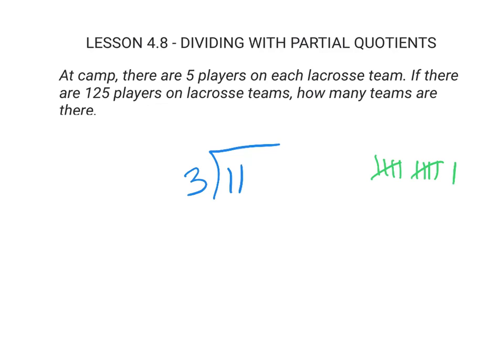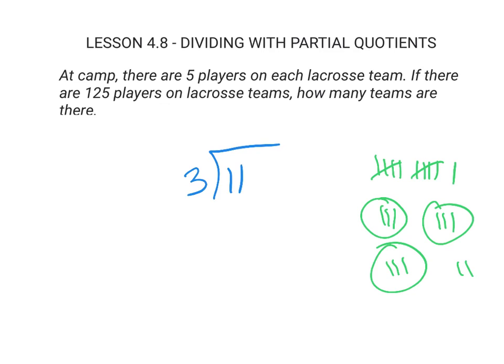Well, this is fairly easy because I'll just draw it out. 1, 2, 3, 4, 5, 6, 7, 8, 9, and then that's all I can do, and I have 10, 11. So how many groups can I make? I can make 1 group, 2 groups, and 3 groups, and I have 2 left over, so I have a remainder of 2.